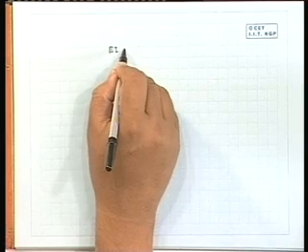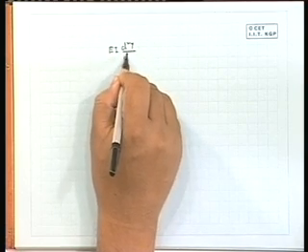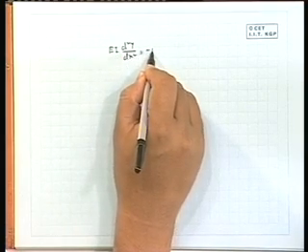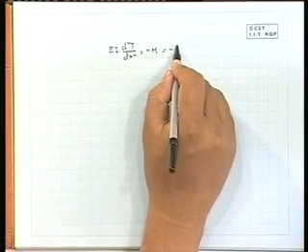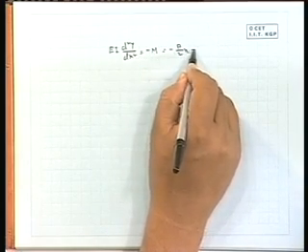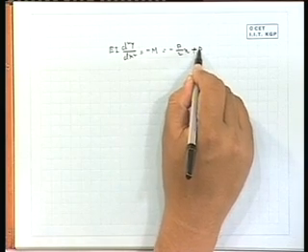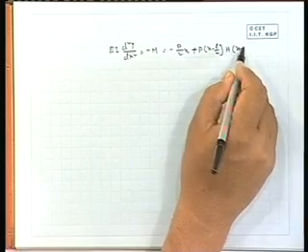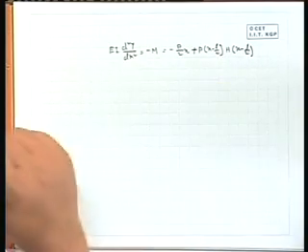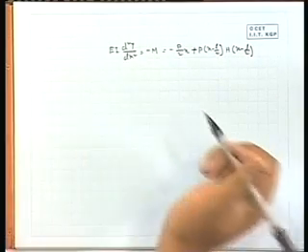EI d2y dx square is equal to minus M, which we have just written as minus P by 2 x plus P into x minus L by 2 with the unit step function, right.